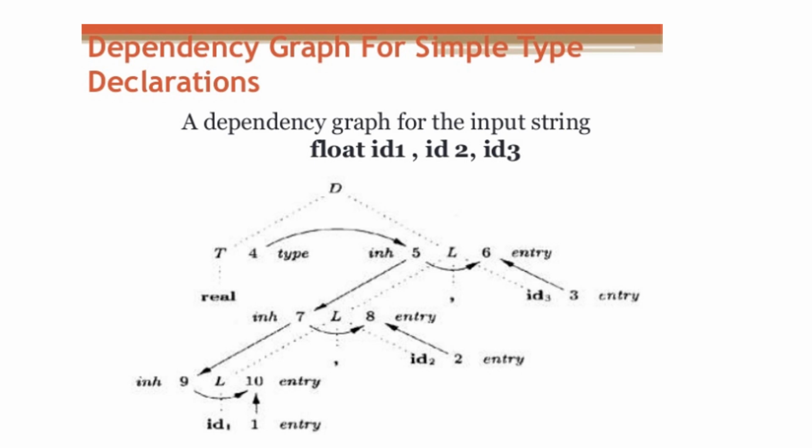Its type is float, that is real here, and it is assigned to the inherited attribute of L, the fifth step, and that is assigned to the sixth one, identifier ID3. Then the seventh step, and the type is assigned to the eighth one, L, whose identifier is ID2. And the ninth one, L, whose identifier is ID1, is the tenth.